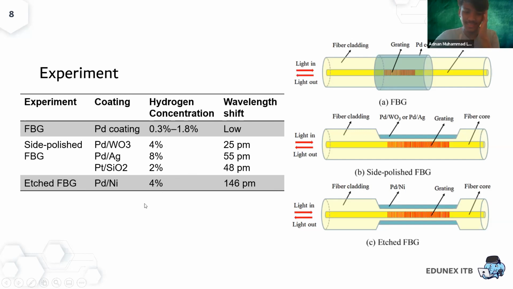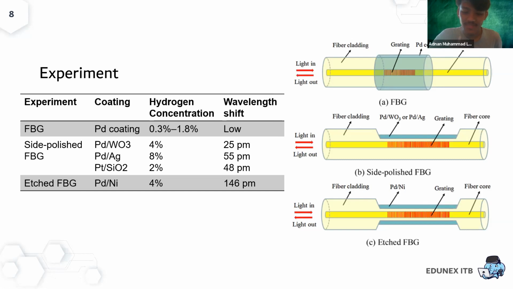From this experiment, we can conclude that the coating material is directly related to the efficiency of the sensor, and also the edge treatment.